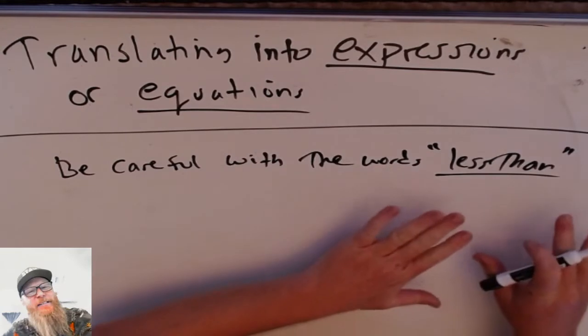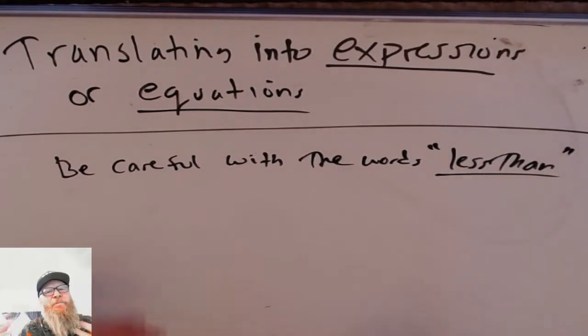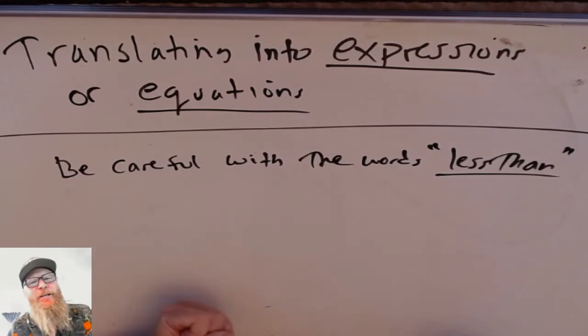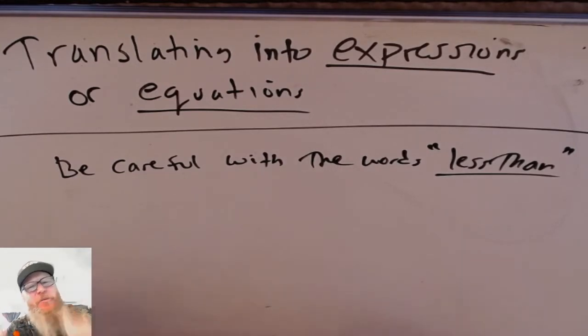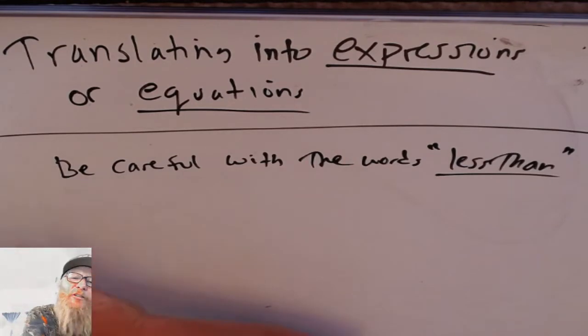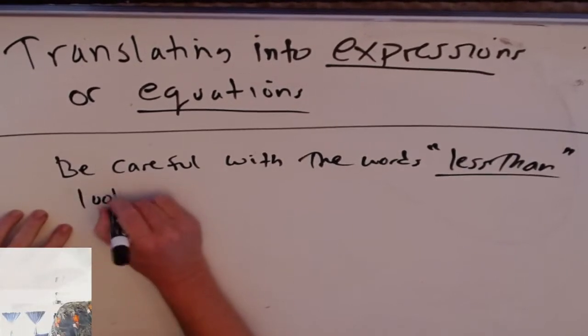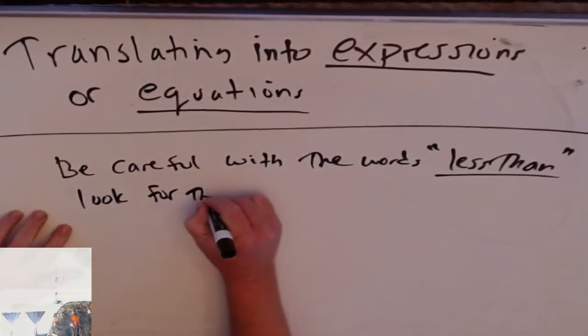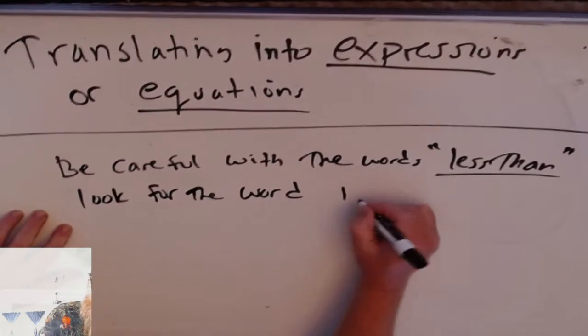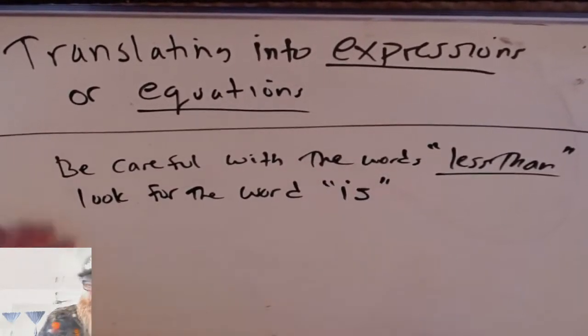The words less than are one of the mathematical phrases or translations that we're going to be doing that can be ambiguous. You might interpret it one way, but it might actually mean something else. So it can be confusing sometimes if we're not careful. So look for the word is.